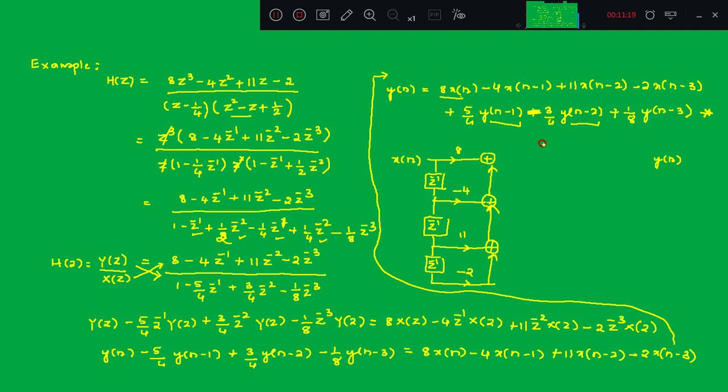Right. So here I will take the adder. So here my output y of n, I will connect here y of n, and this y of n minus 1 means the output is delayed by 1 unit, z raised to minus 1, and it is scaled by 5 by 4.